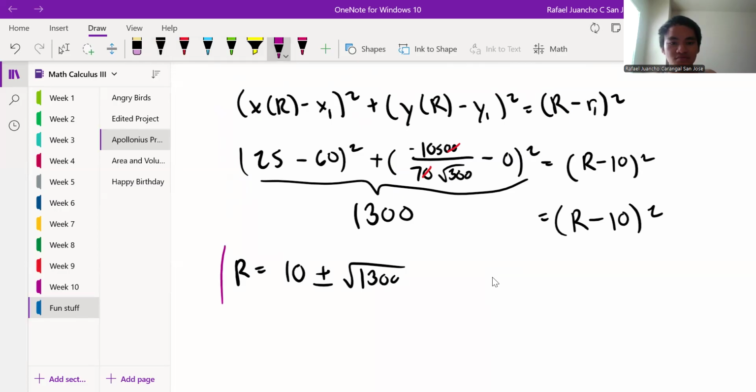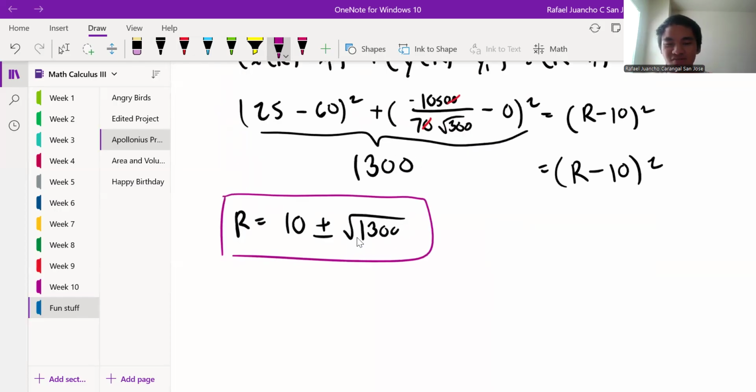That's my r. Now it just depends if one's positive or if one's negative. So here I would just pick the positive r, right? But honestly, I don't think it matters because we're gonna square it anyway. Let me see which one works. But I think it's that one.